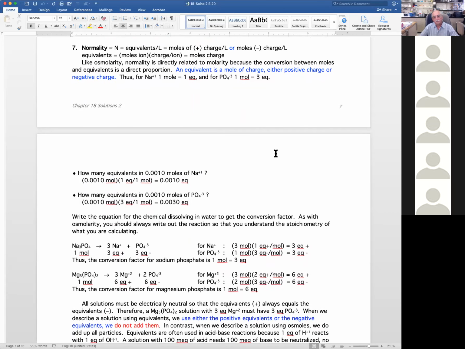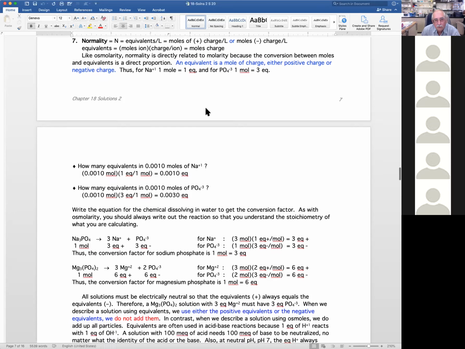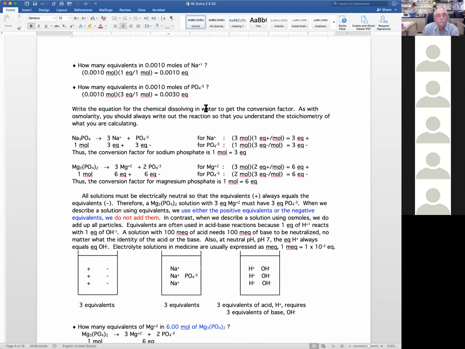And the last one is called normality. This is equivalents per liter. So what the heck is an equivalent? An equivalent is either a mole of positive charge or a mole of negative charge. Okay. So the equivalents are equal to the moles of the ion times the charge of the ion. So let's just do some stuff.